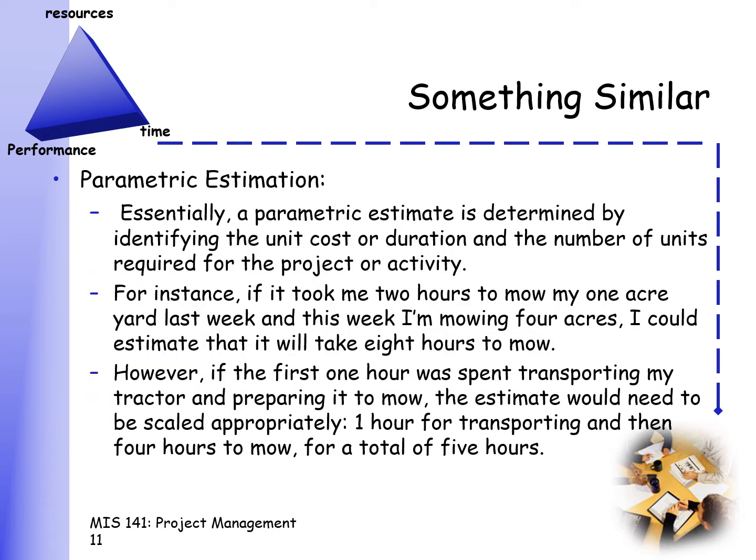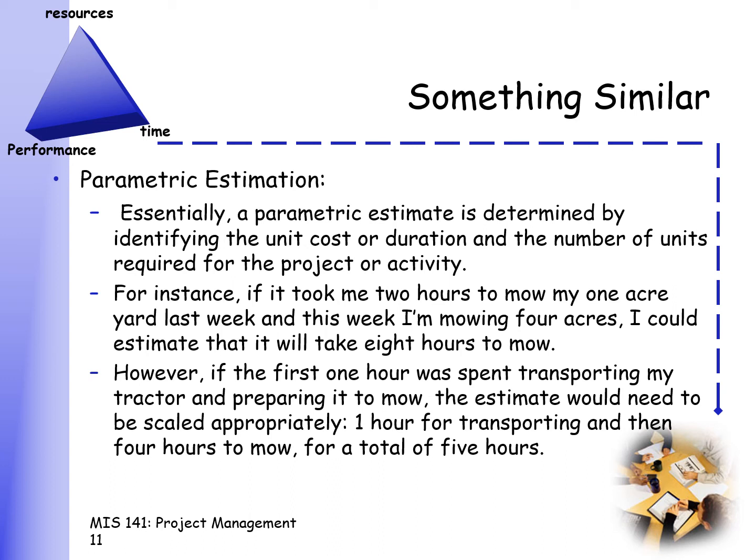Something similar to a bottom-up estimation is what we call parametric estimation. And essentially, a parametric estimate is determined by identifying the unit cost or duration and the number of units required for the project or activity. So in this case, if it took me 2 hours to mow my 1 acre yard last week, and this week I'm mowing 4 acres, I could estimate that it will take 8 hours to mow that 4 acre yard.